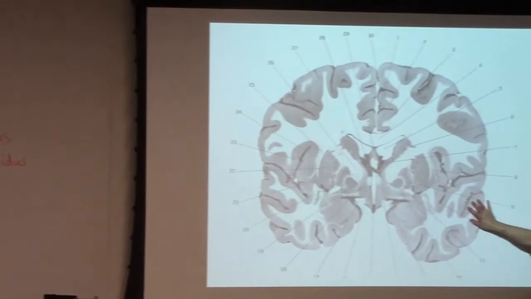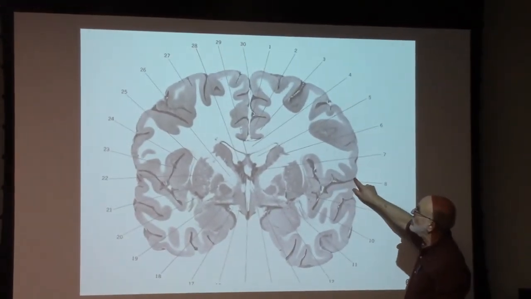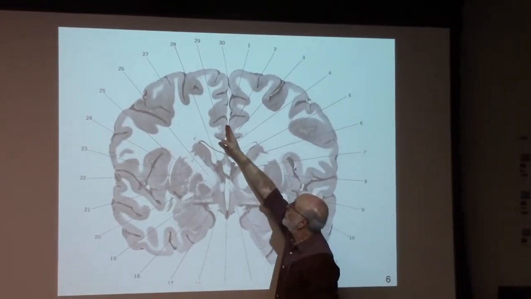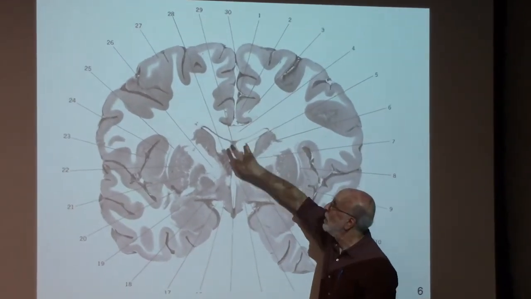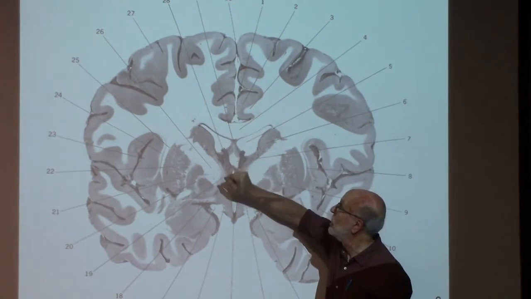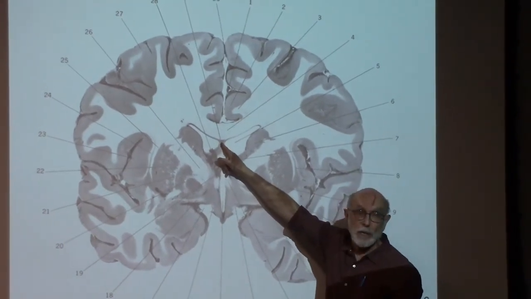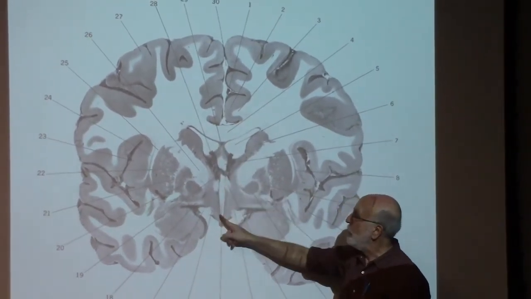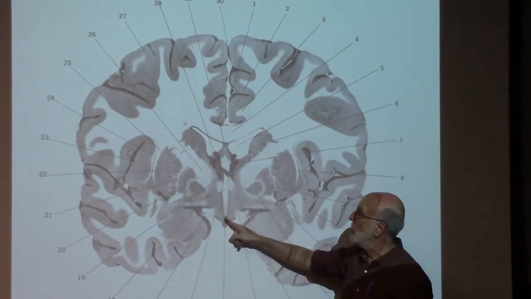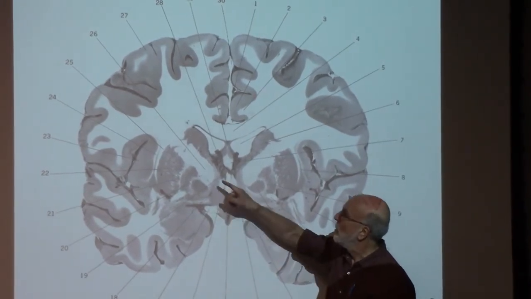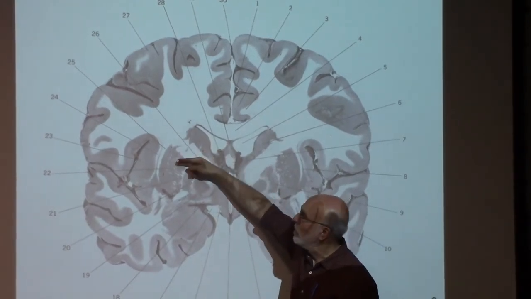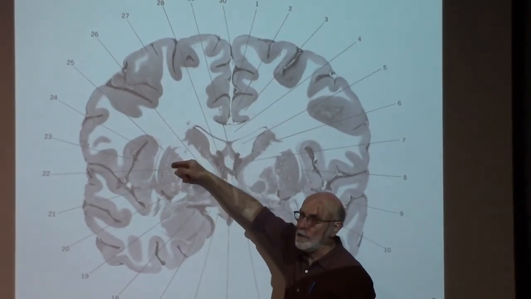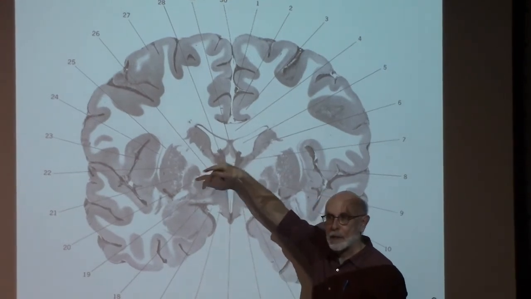Okay, so temporal lobe, lateral sulcus, longitudinal sulcus, gray matter, white matter, corpus callosum, lateral ventricles, septum pellucidum between them, third ventricle, caudate, internal capsule, putamen, globus pallidus.